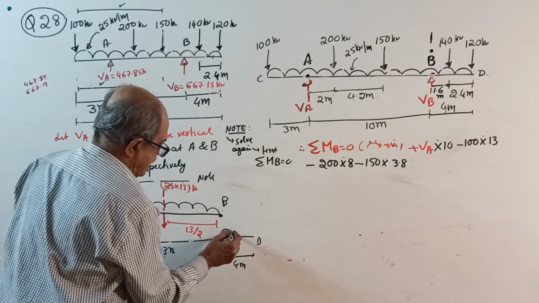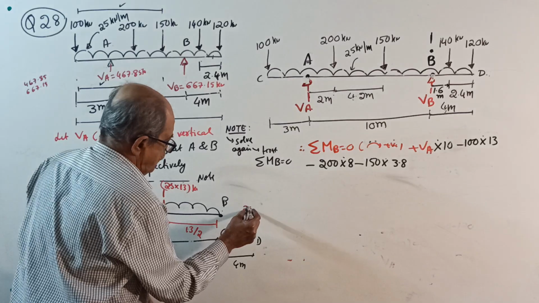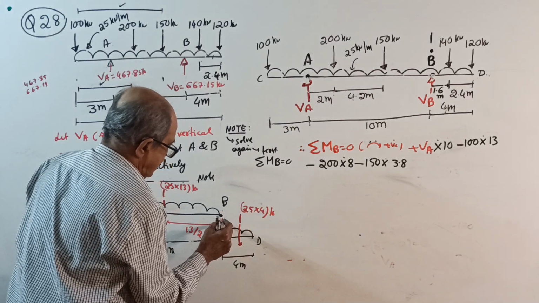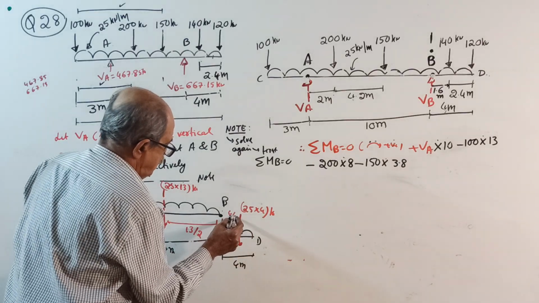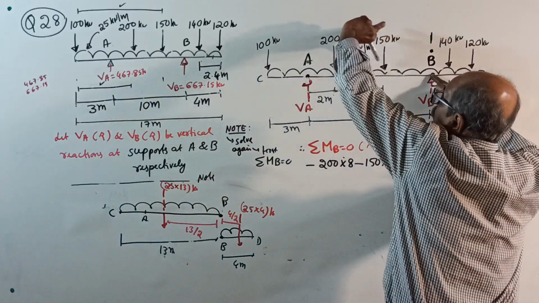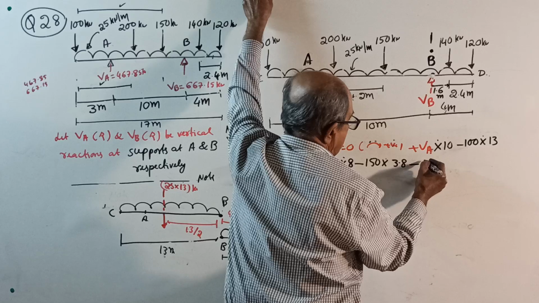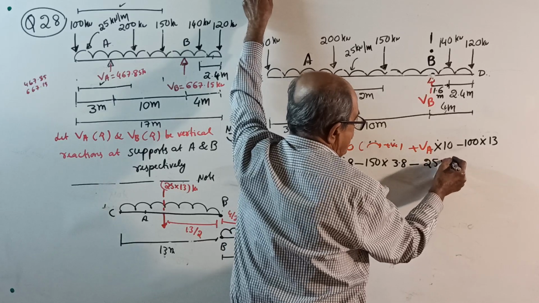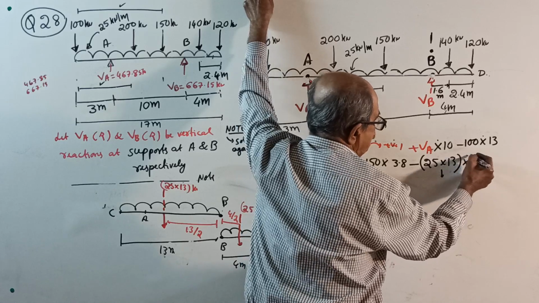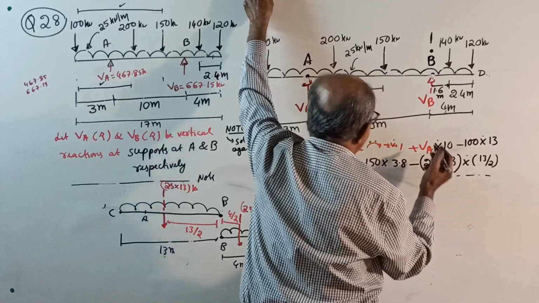That UDL will be acting here, 25 into 4 kilonewton total load, acting at half of 4, by 2. So therefore, when you take moment about B, now minus 25 into 13, the total load, into 13 by 2. See, this is for UDL, left UDL.